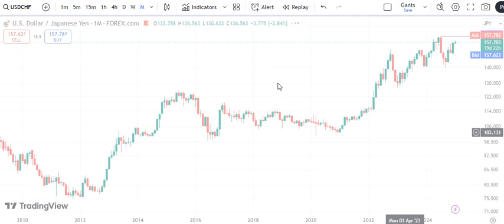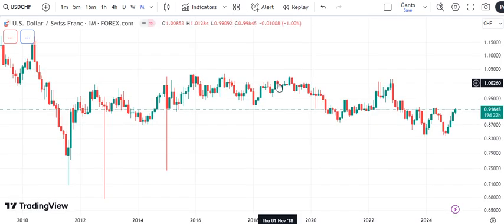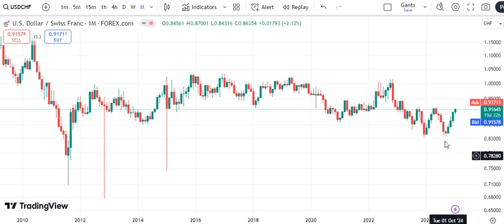for reference purpose. This area here, that's our next draw on liquidity. Next one is the Swiss, the USD CHF. We have relatively equal highs here. We have also relatively equal highs here, and we have an area of inefficiency here. So this is where we are looking. This area we are looking at. So it's a bullish movement for Swiss.